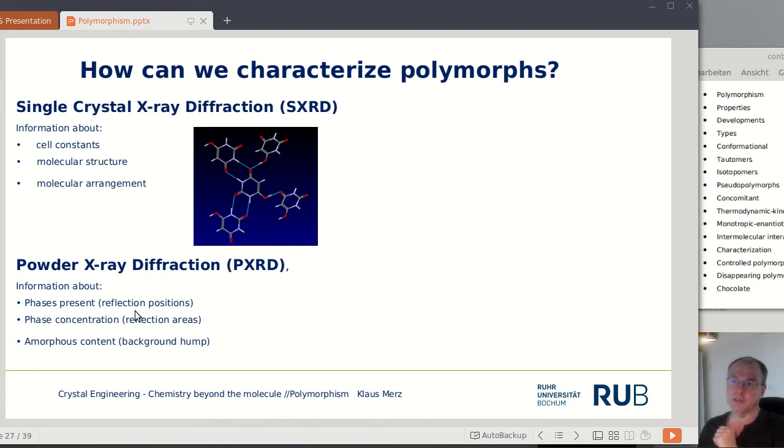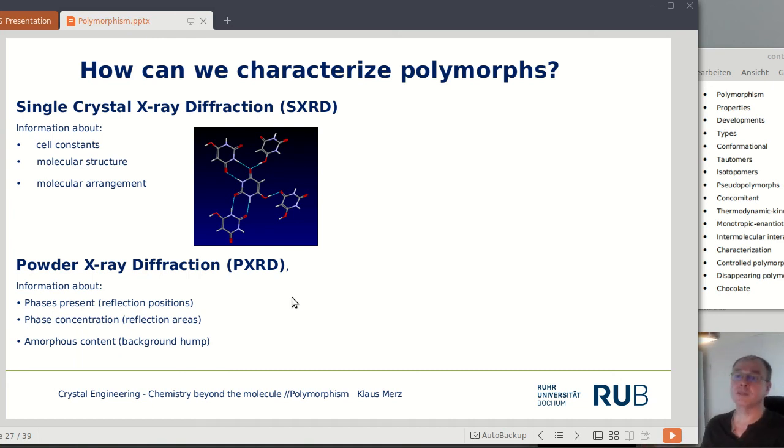Another method which is extremely useful for polymorphic studies is powder diffraction. In this case, you will get information about which phase is present. You can say phases, the crystalline entity, the polymorphic forms. So is compound A present, or compound B, or a mixture of both, or co-crystals.